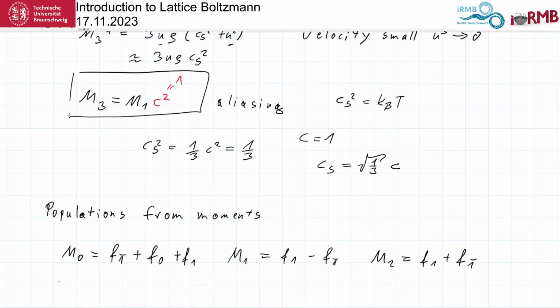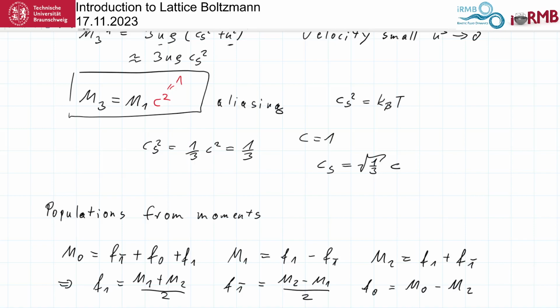Which means we can invert all of this. F1 is (M1 plus M2) over 2, F minus 1 is (M2 minus M1) over 2, and F0 is M0 minus M2.